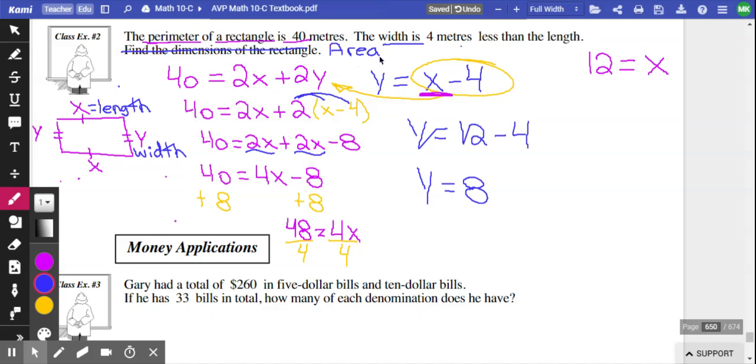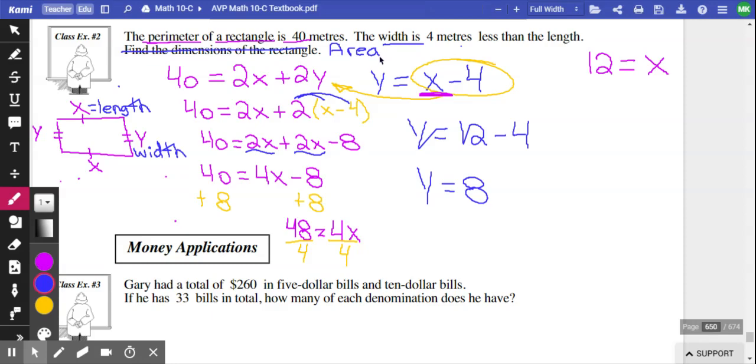Then go length times width, and that would tell you your area. Or they could say something like, if they wanted to add 2 to each side, what are the new dimensions? My new dimensions would be the old dimensions, which I now have defined, plus 2. They just make it a little bit more complex.